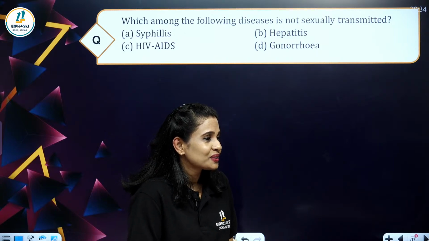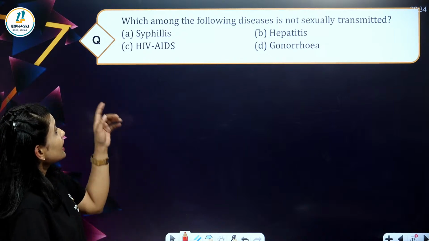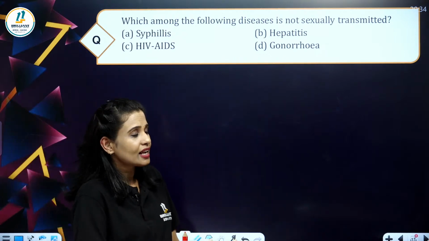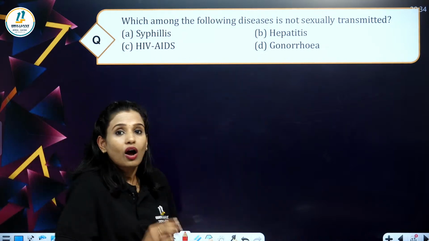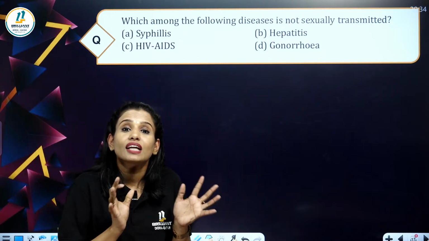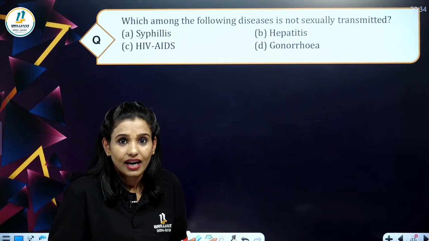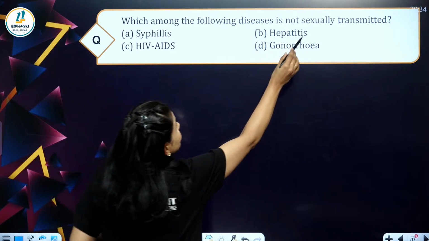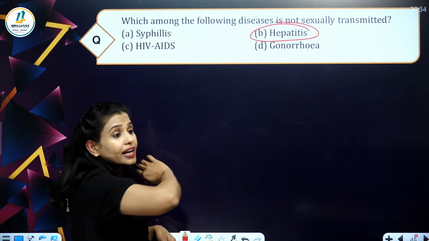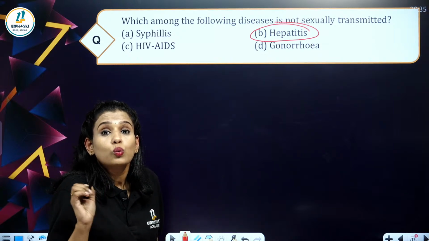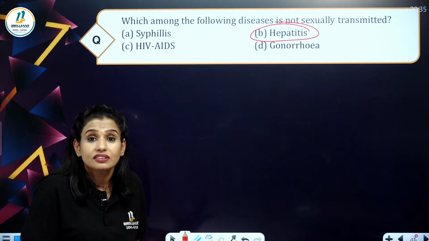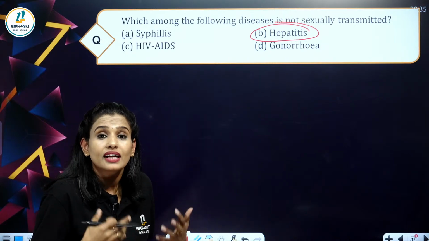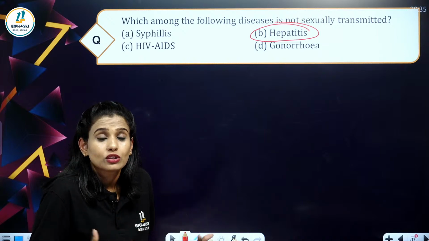So which is the correct one? It is hepatitis. Syphilis, HIV, and gonorrhea are all sexually transmitted diseases. But hepatitis is a waterborne viral disease. It is not transmitted through sexual contact.